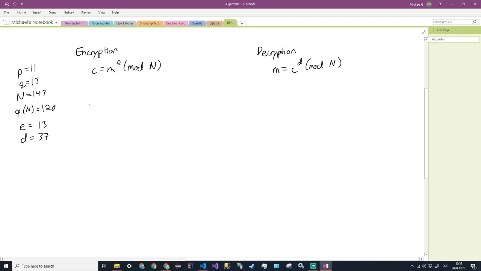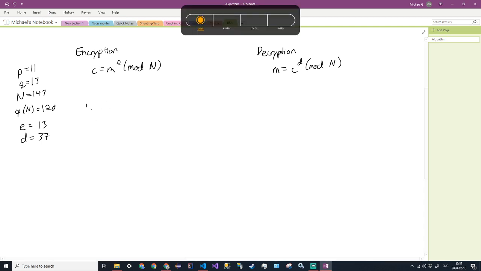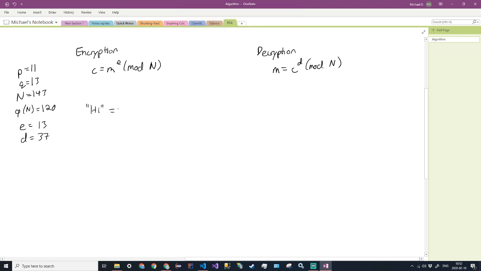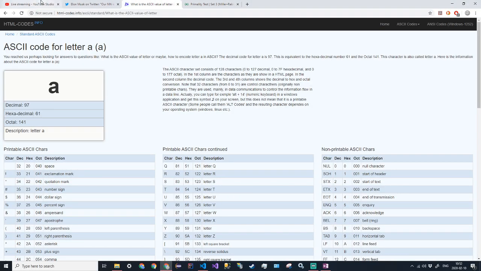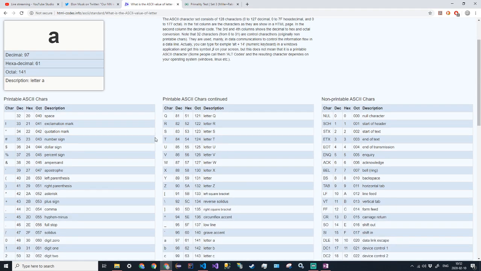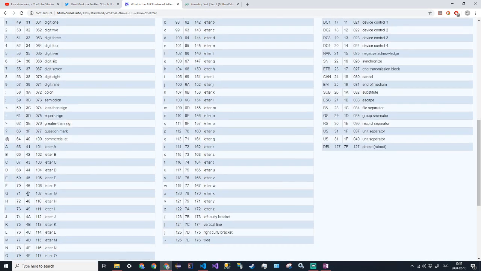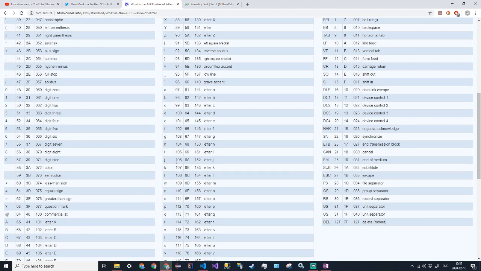So let's say that we had the text "hi", just like that. I can't write, so don't worry about that. What is this in ASCII codes? Capital H is 72, and lowercase i is 105.